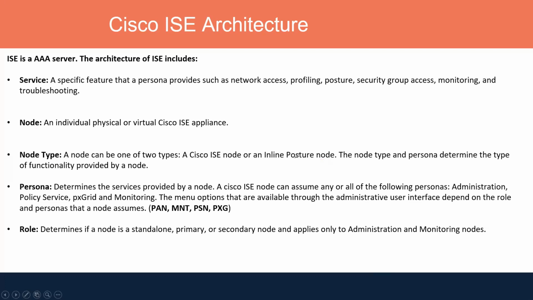One is inline and the other is called offline or promiscuous.